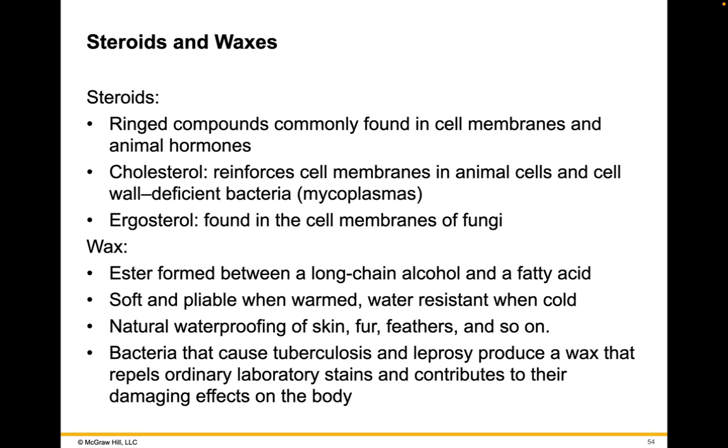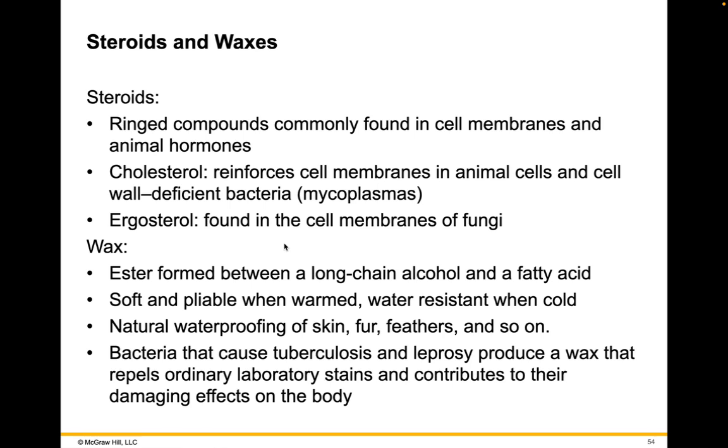It's also in some bacteria called mycoplasmas. But cholesterol is a steroid, and a lot of your hormones that are steroids are made from cholesterol. And these are these ringed compounds that are found in cell membranes and animal hormones. Ergosterol is found in cell membranes of fungi, so kind of similar to cholesterol.